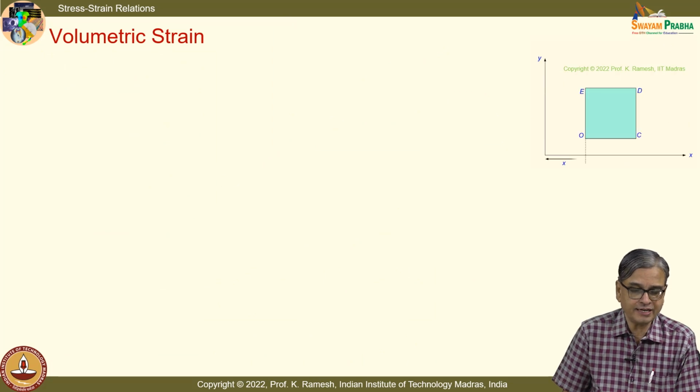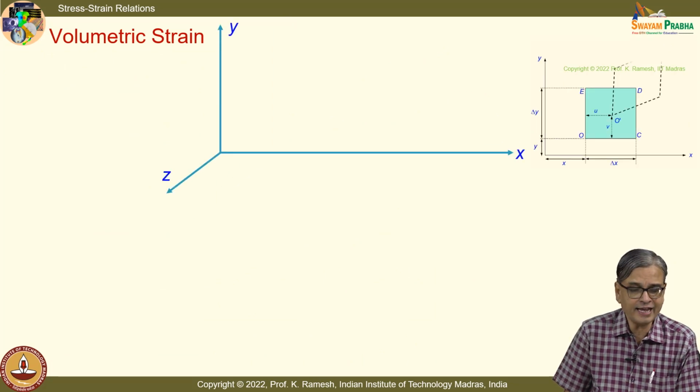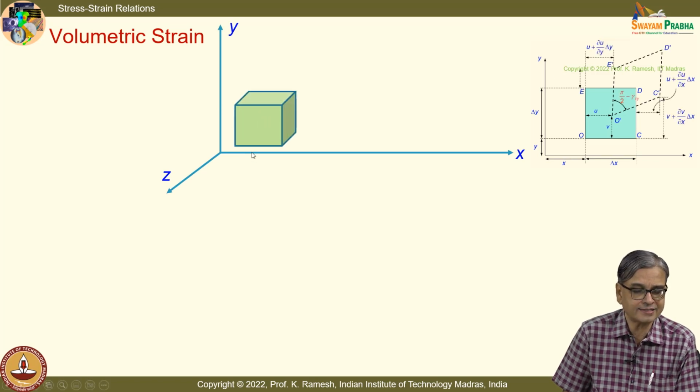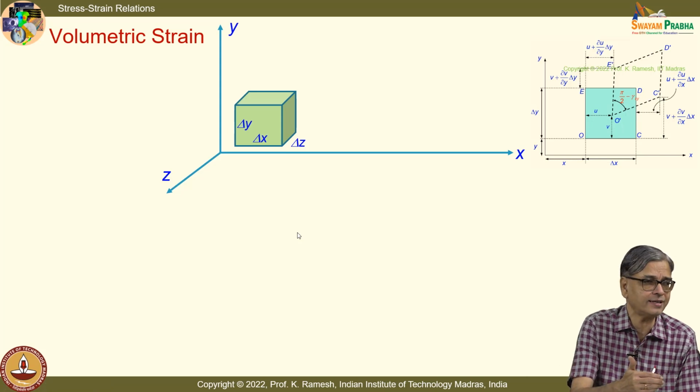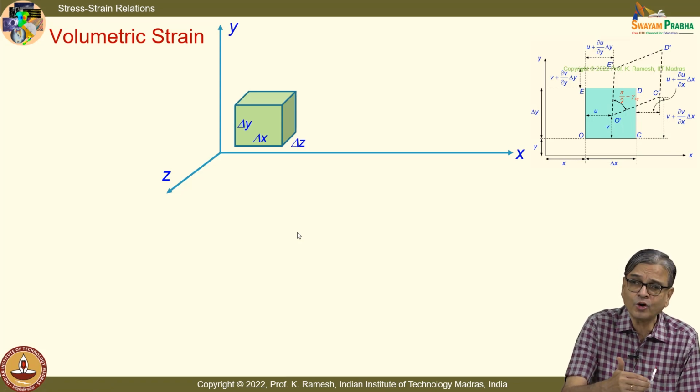So, instead of just a line, I will take a cube that has dimensions delta x, delta y and delta z. That means I have a line parallel to x-axis to start with, parallel to y-axis to start with, parallel to z-axis to start with. And whatever we have discussed earlier, we will borrow that result and then find out the deformed quantities.